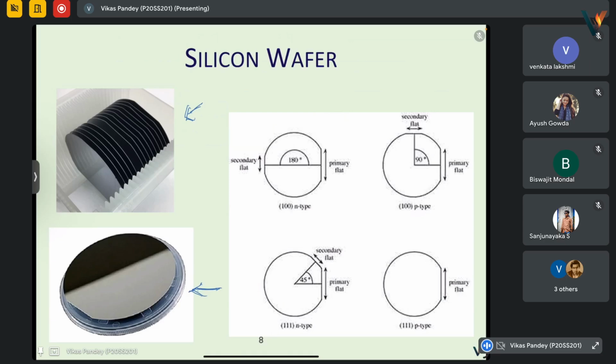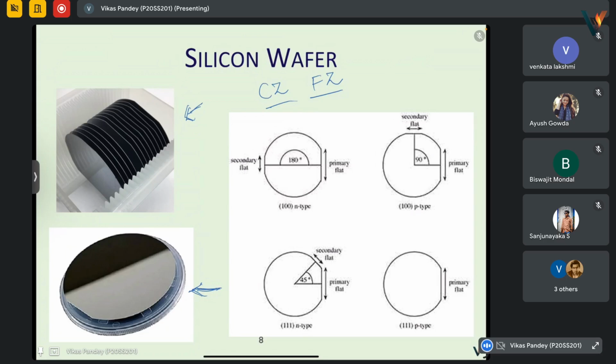If you get deep into the wafer fabrication process, like how these wafers are made, you will understand that there are two processes, CZ and FZ processes. In both of these, the doping is done in the starting stage only. In general, intrinsic wafers are not made. Wafers are generally made either N type or P type.